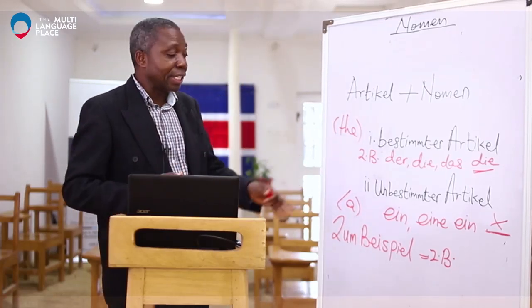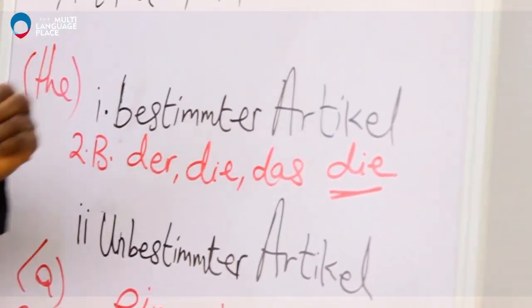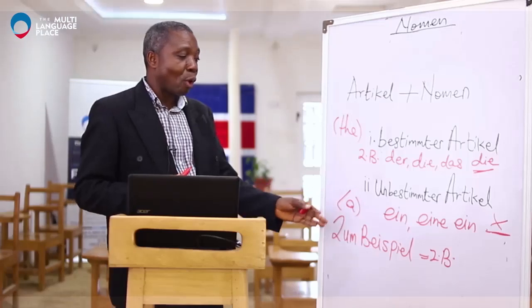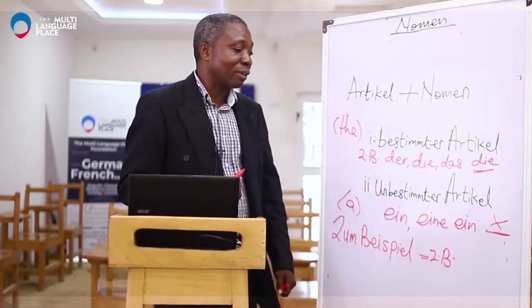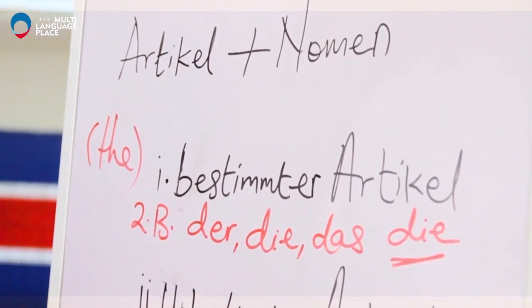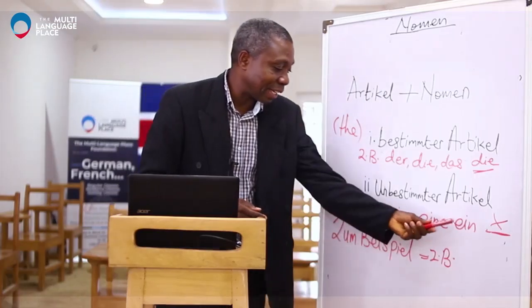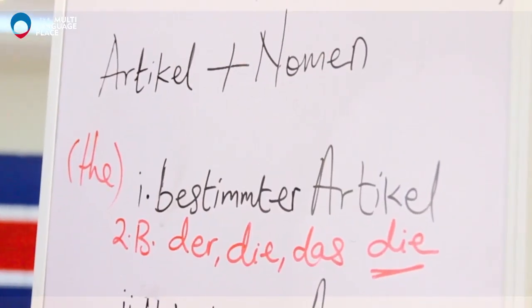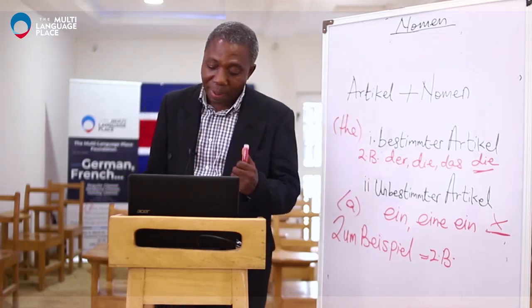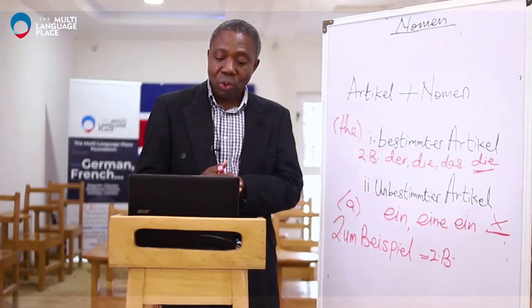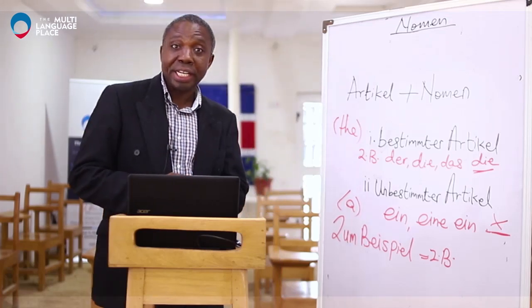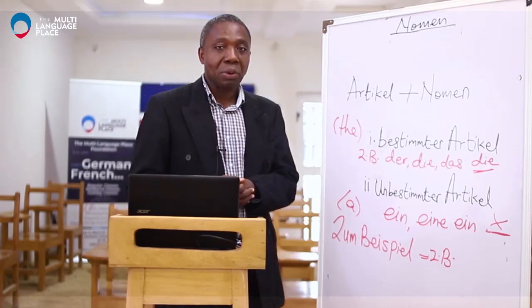Interestingly, in English we have only the for bestimmter Artikel and a for unbestimmter Artikel. But in German we have these three for bestimmter Artikel and these three for unbestimmter Artikel. So we need to remember these articles are very, very important as we go on in the study and the knowledge of the German noun.